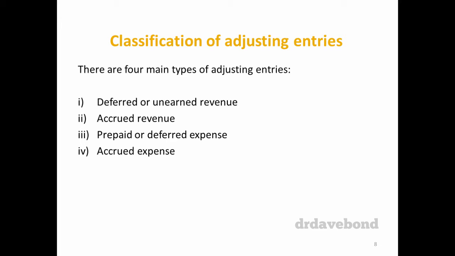There are four main types. And if we want to think about them, so we've got 2 points in time, T0, Tn. So the first type, we get paid up front for something and then we earn it.